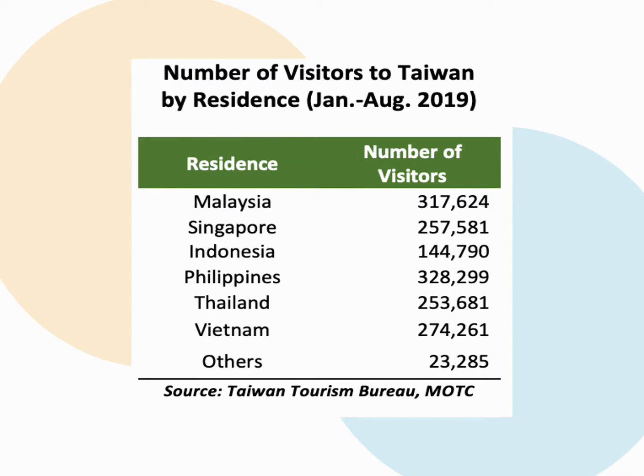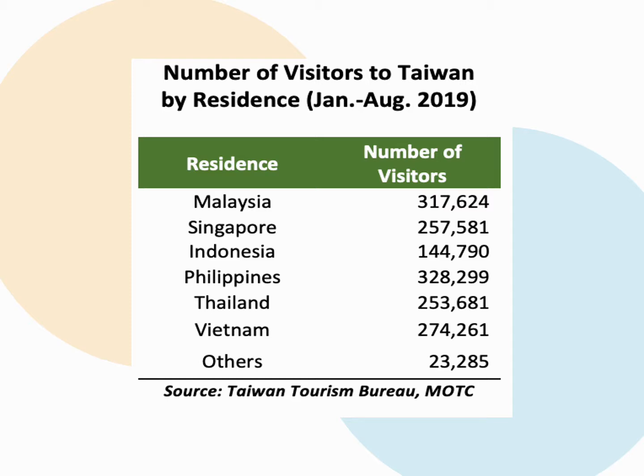Our government is dedicated to promoting regional cooperation and to reinforce the ties between us and the Southeast Asian countries. That's why we have the new southbound policy. One of the strategies is to attract more visitors from these countries.